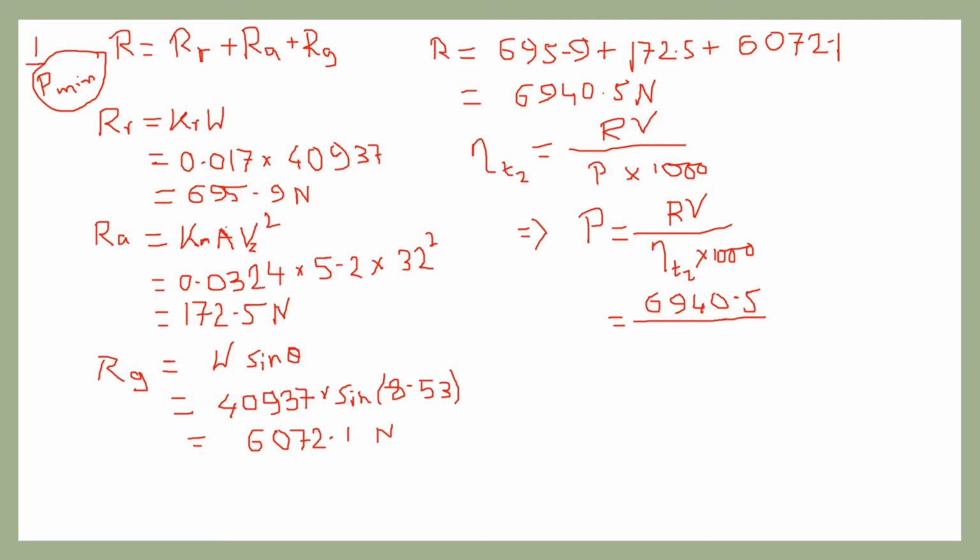The transmission efficiency in second gear is 0.8, meaning 80%. Here V is in units of meter per second. As we know, the velocity is 32 kilometer per hour, so 32 into 1000 divided by 3600.